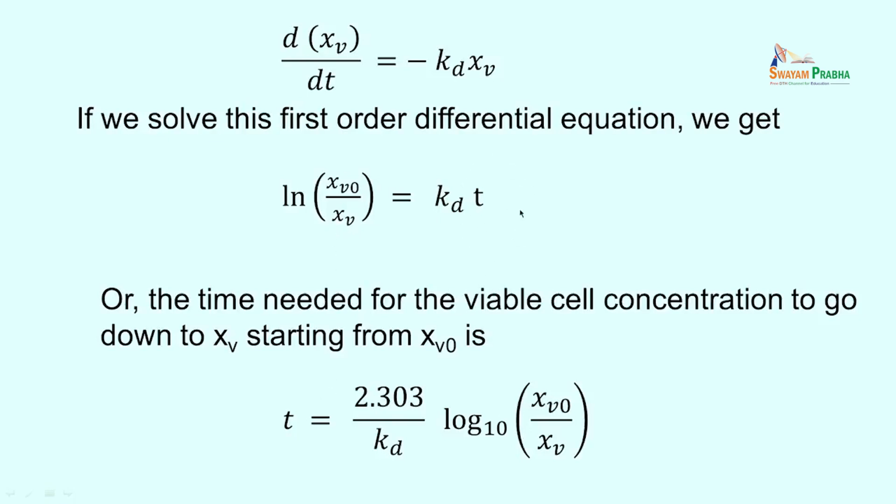Therefore, the time required for this decrease in viable cell concentration from X_v0 to X_v is 2.303 divided by k_d, times log to the base 10 of X_v0 by X_v.